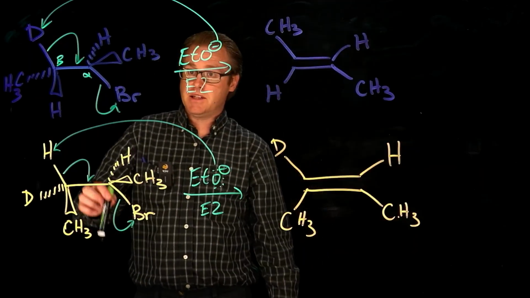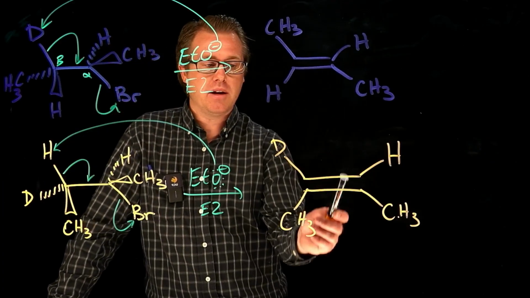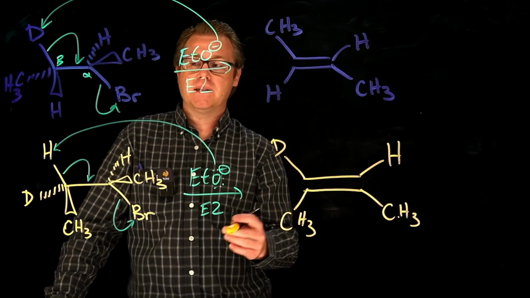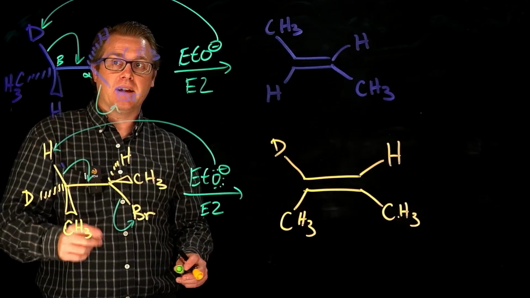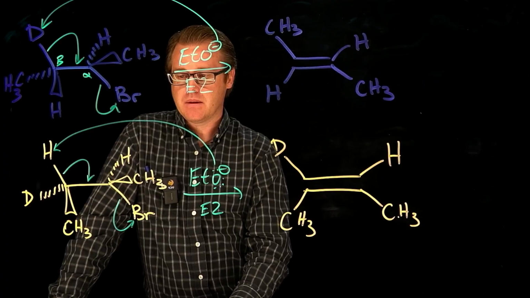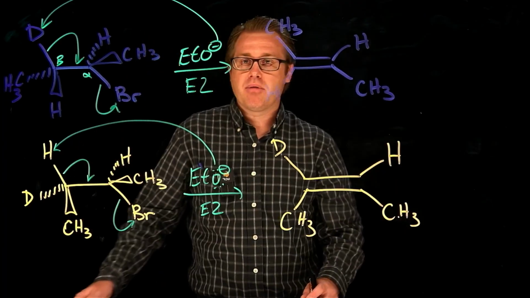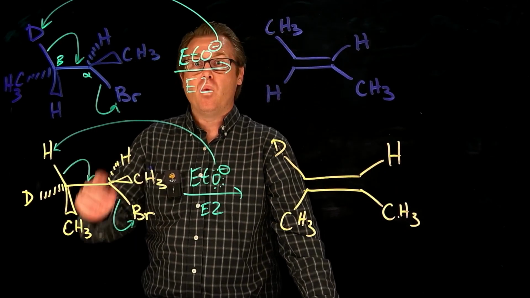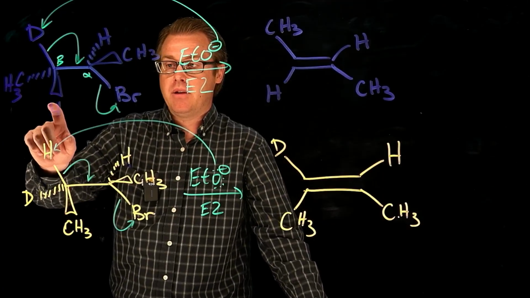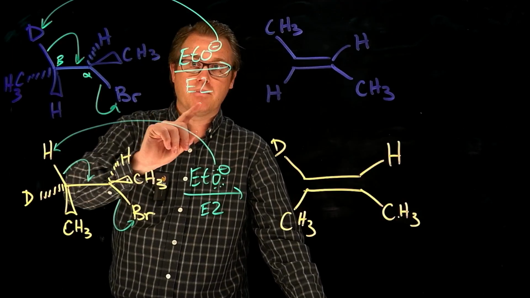So you see in this particular substrate, we can get two products, okay? But we still have to invoke the anti-periplanar rule in order for that to work. But in our previous example, we only had one hydrogen on that beta carbon, so it could only give us one product.